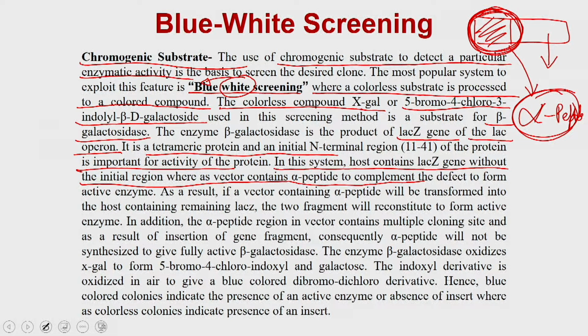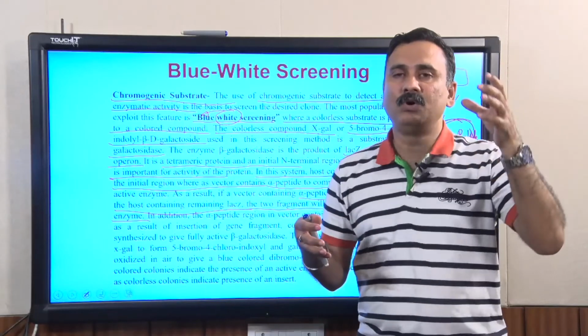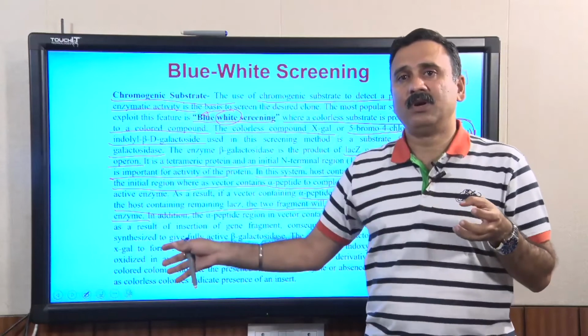Once you transform this vector containing the alpha peptide into the host containing the remaining LacZ, the two fragments are going to come together to form the active enzyme, which means you are recovering the activity of the enzyme simply by having one component on the vector and the rest on the host cells.